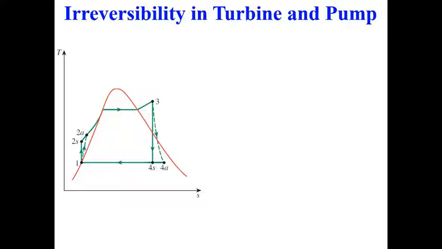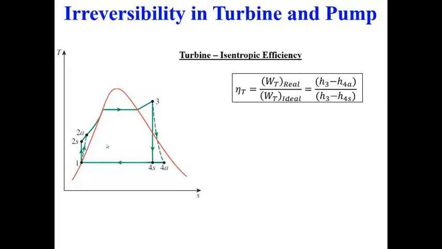Moving on, two important irreversibilities that we can account for are those inside the turbine as well as the pump. For the turbine, we can define the isentropic efficiency. That can be defined as work done by the turbine in a real cycle divided by the ideal cycle.